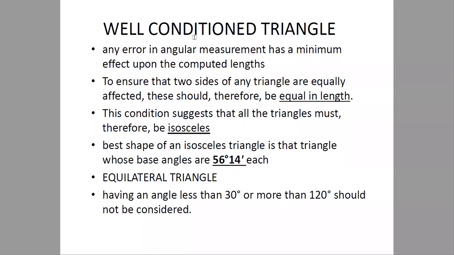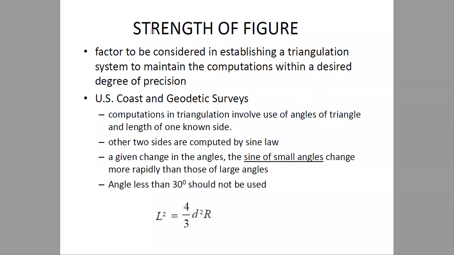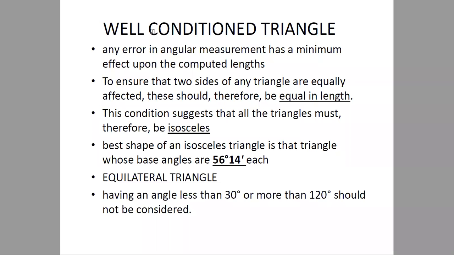Now we'll proceed to the next topic, strength of figures. Before that, we need to know why we calculate strength of figures. Basically, strength of figures is part of finding a well-conditioned triangle. What is a well-conditioned triangle? Any error in angular measurement has a minimum effect upon a computed length.